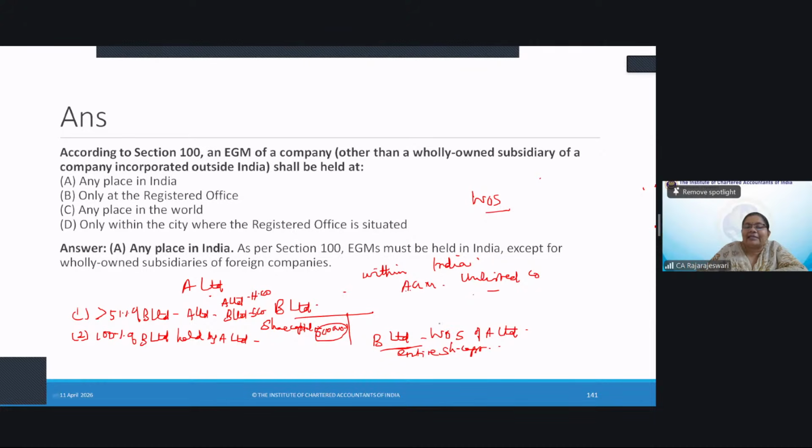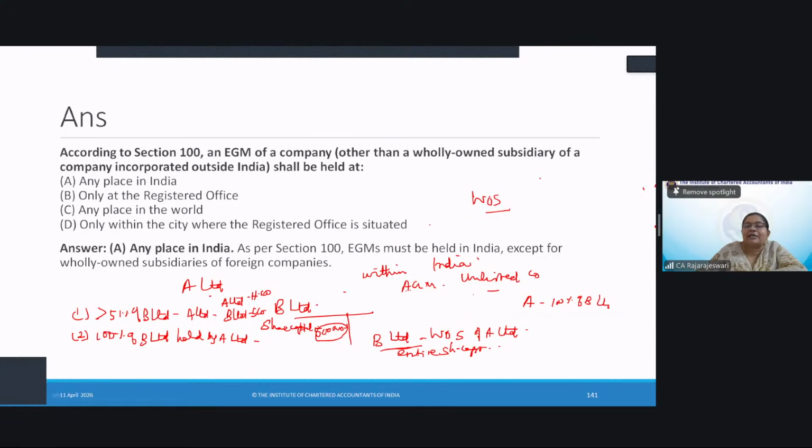So it is a 100% subsidiary. A limited is holding 100% shares of B limited. That is the meaning of wholly owned subsidiary. 100%, it's not 51%, it is not a holding company, it is a wholly owned subsidiary, WOS we call it.